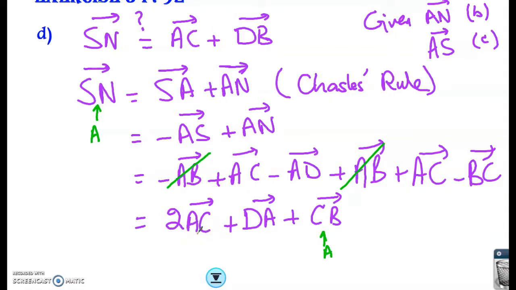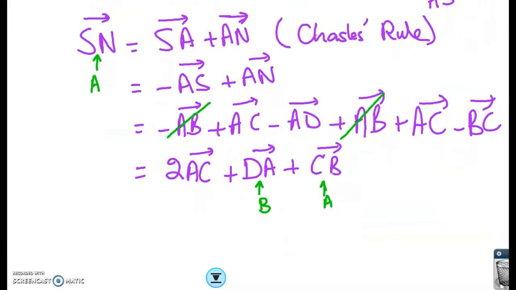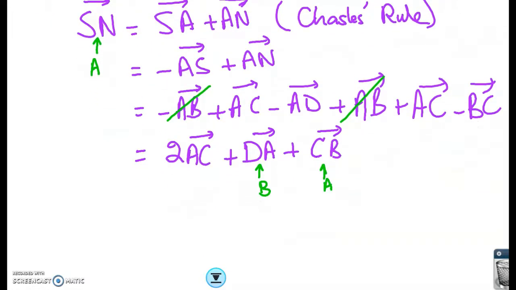And also I want to have D with B, not with A. So I can insert here letter B, so I get DB, and we see how this works out. Okay, so by doing this we are applying, of course, Chasles's rule.